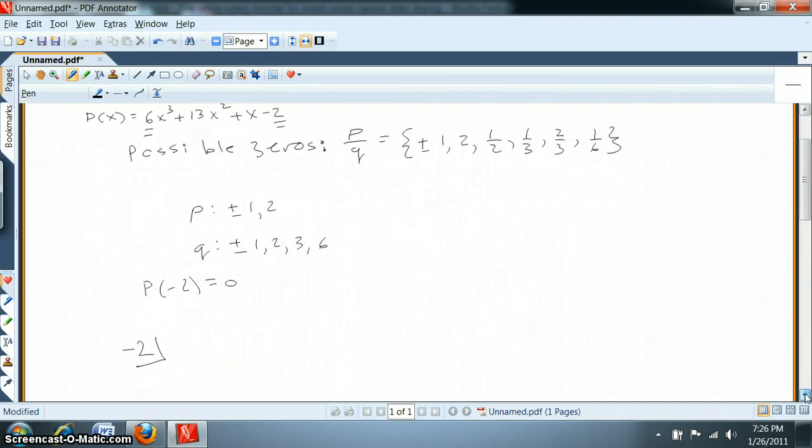So we're going to use coefficients for synthetic division. So it's going to be 6, 13, 1, and negative 2. Make sure we account for each degree, but none of the degrees are missing, so this is what we have. So then we draw the line. So then how do we do synthetic division?